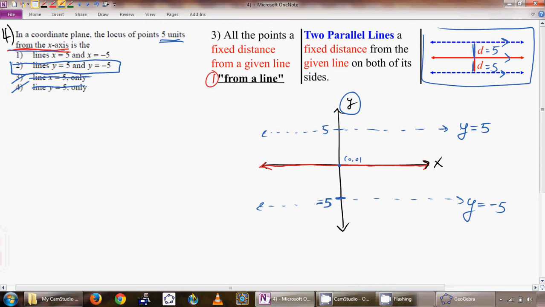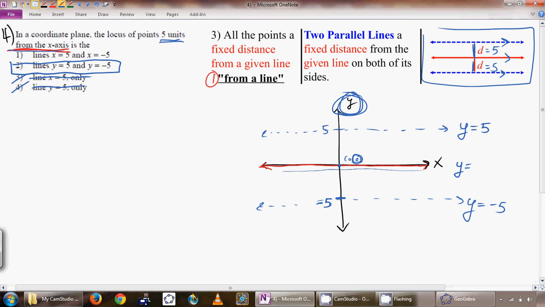And it's kind of counterintuitive, but I want to point this out also. The x-axis, its equation will be y equals, because that red line passes through the y-axis. And where does it pass through the y-axis? Well, it passes through at 0.